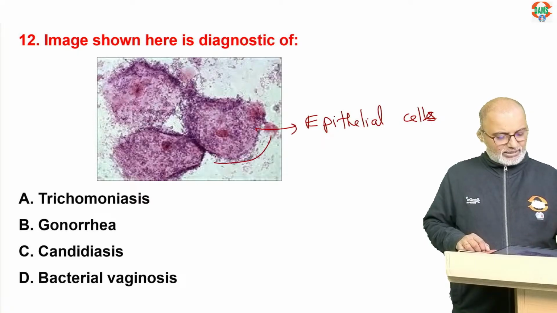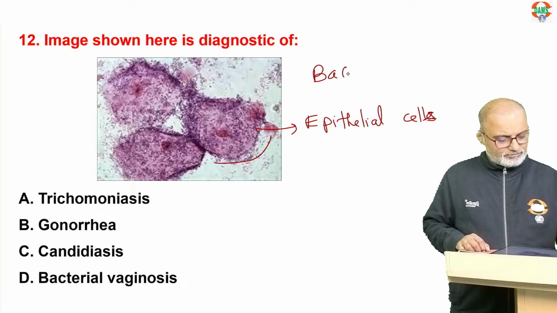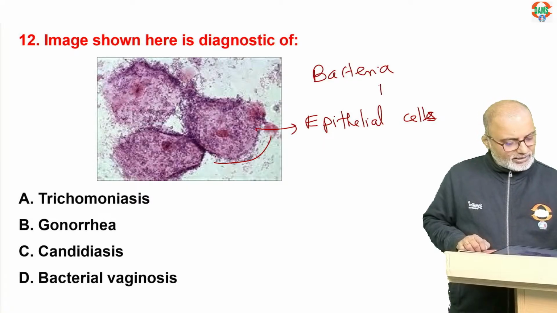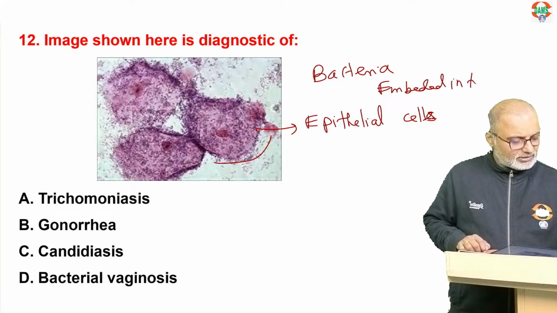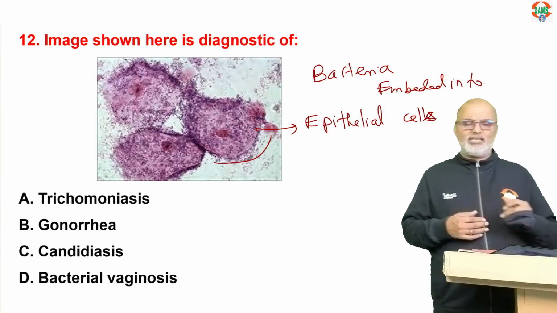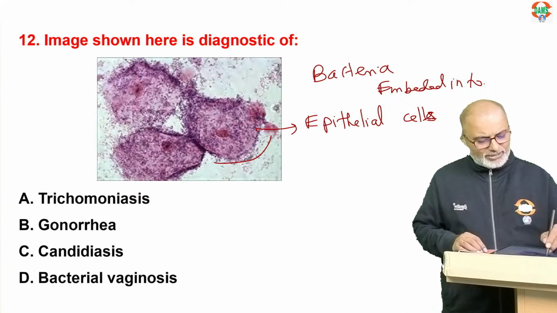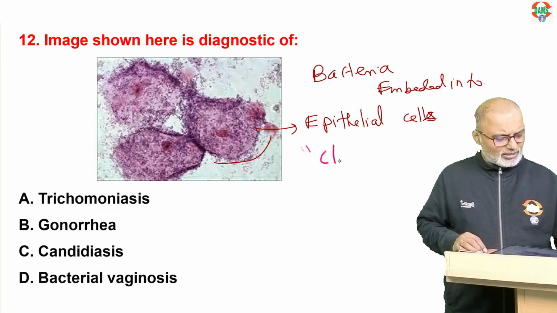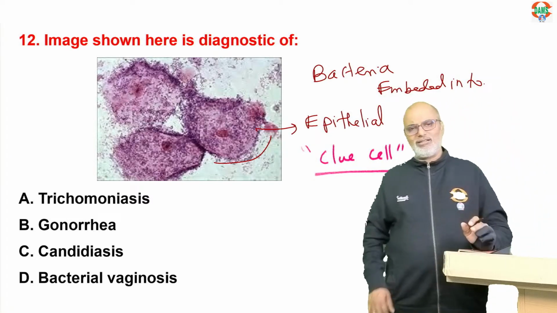What is it? It is bacteria embedded on the surface of epithelial cells, linked to epithelial cells. It's a classical feature. It is called clue cell.